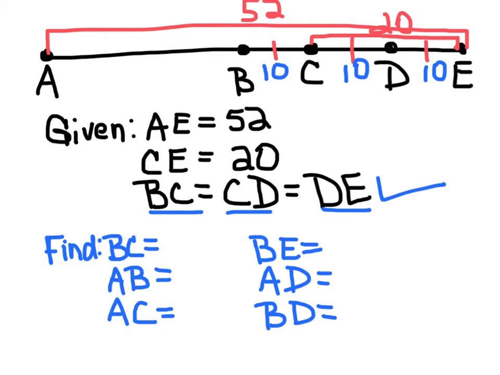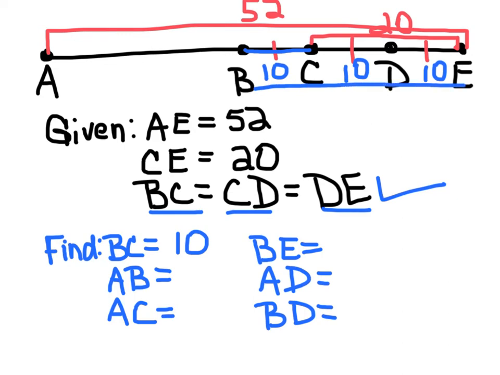Now that we have all of those pieces in place, let's do segment addition. The first thing it asks for is to find BC. From B to C is 10. Now it wants to know what AB is. Do we know how far it is from B to E?